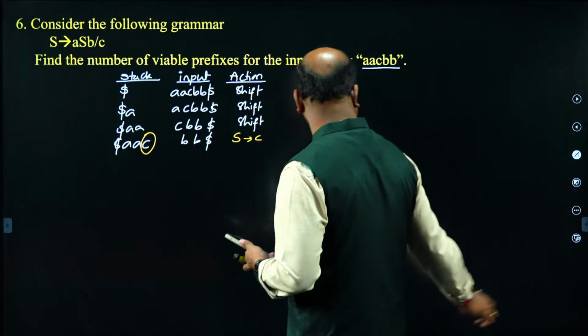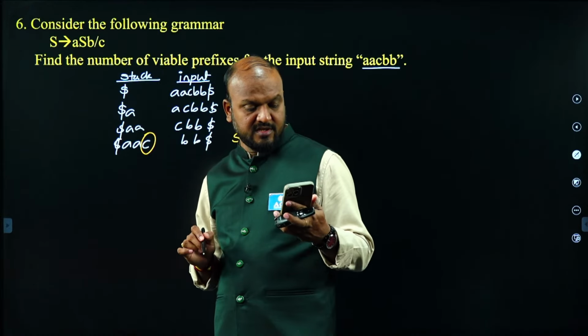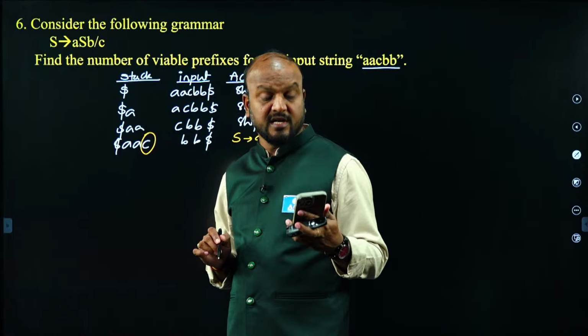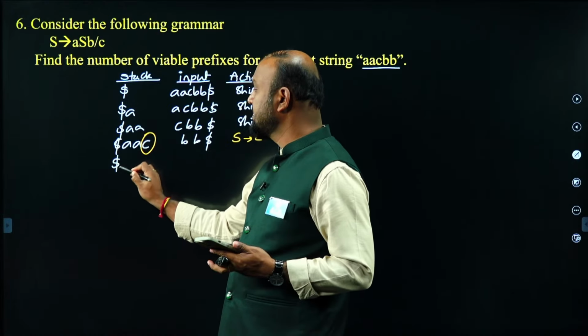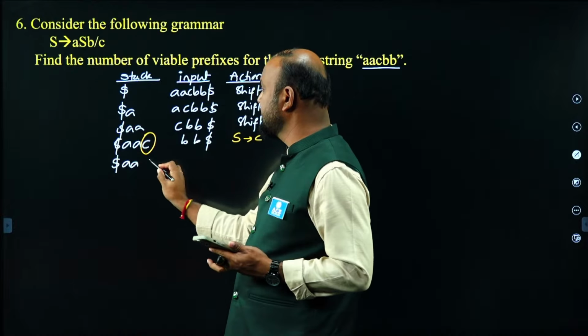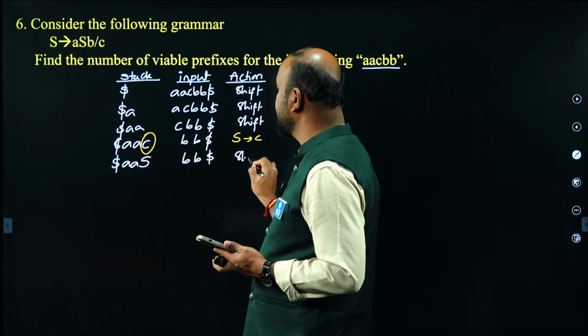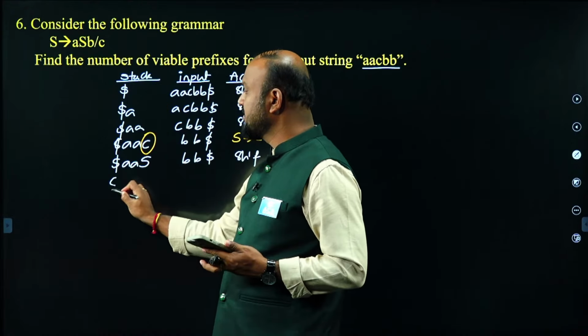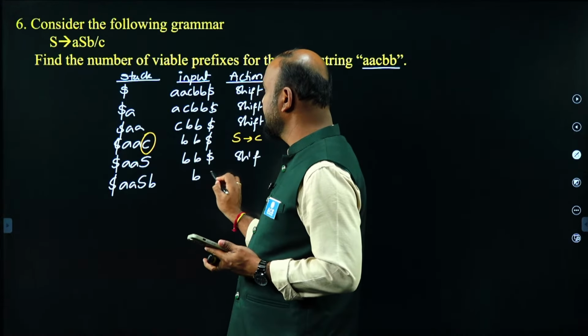Whenever a handle is found, it has to perform the reduction. Okay, good. Sharon, Isha, 8 given. Okay. Now $AA, that C should be replaced with S, and B dollar. Now again we have to perform a shift. When you perform a shift, $AAS and B is shifted and B dollar.